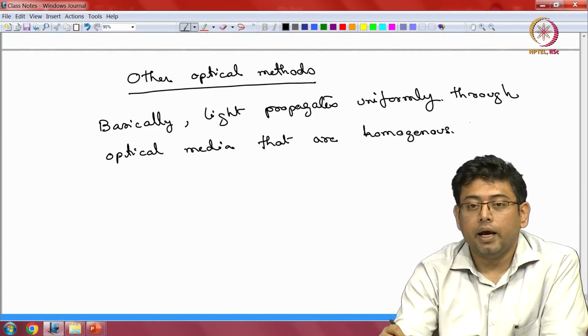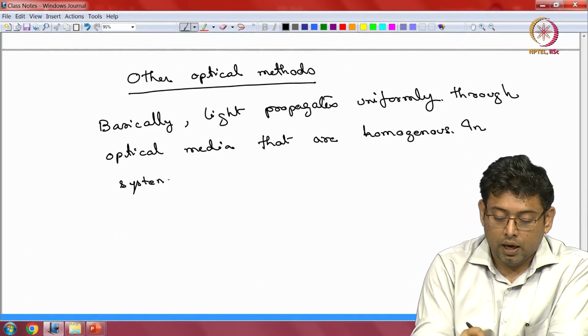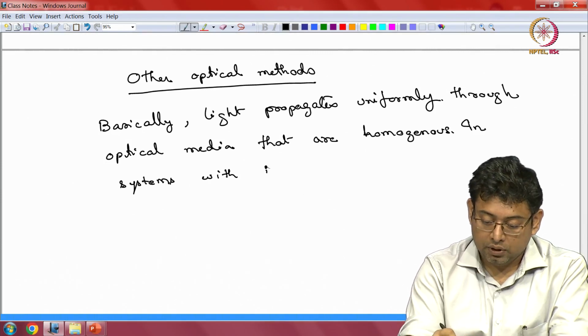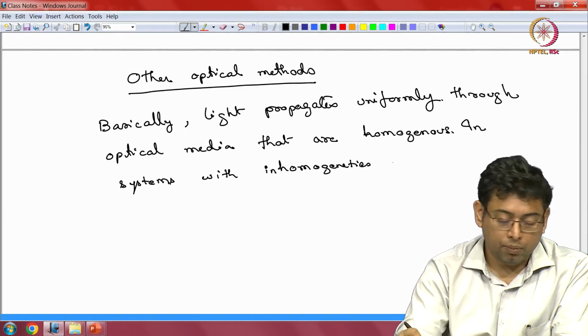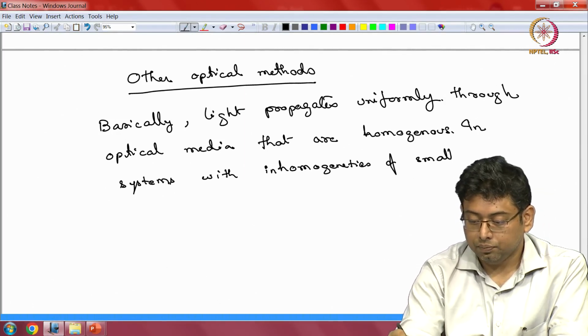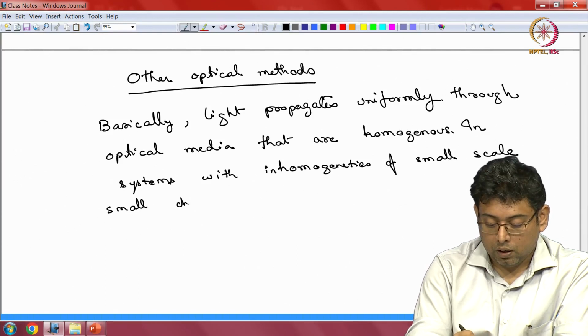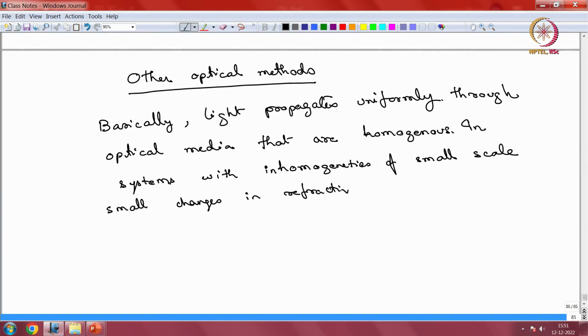But when light encounters inhomogeneities, then the speed of light changes. So in systems with inhomogeneities of small scale, small changes in refractive index of the system occur. Small changes.